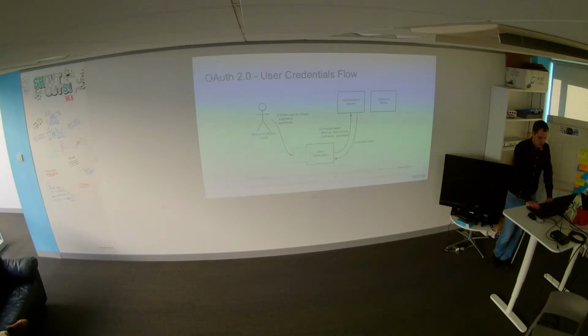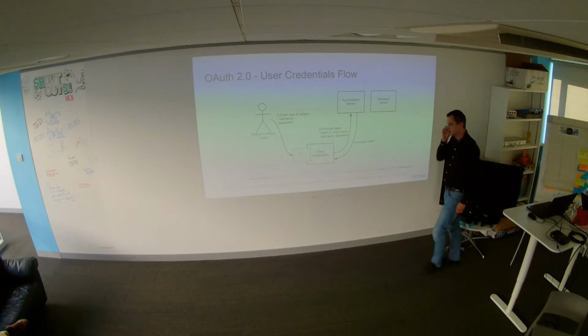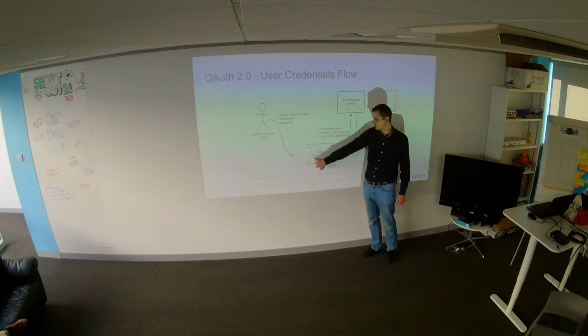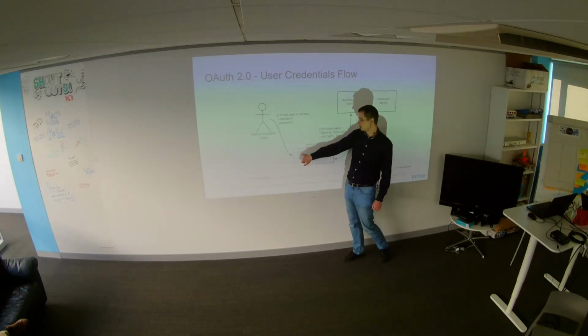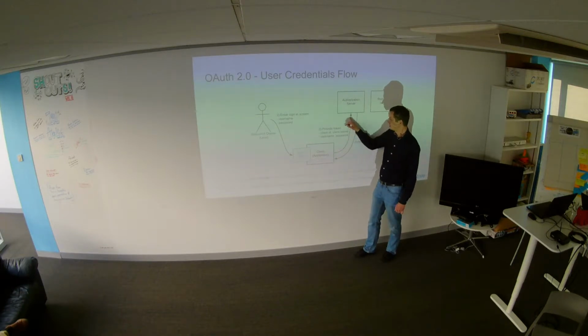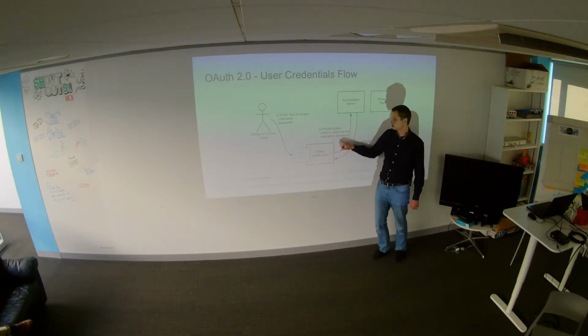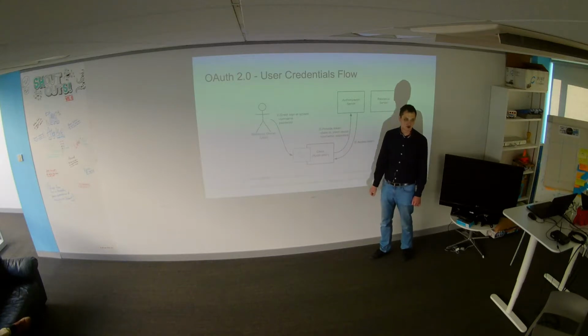Okay, so for example, the user credentials flow is something trivial. You see a sign-in form here. I provide username and password. You send it here together with my I'm-this-application things, and you get the access token. So it's a typical sign-in scenario, just there's client things here.